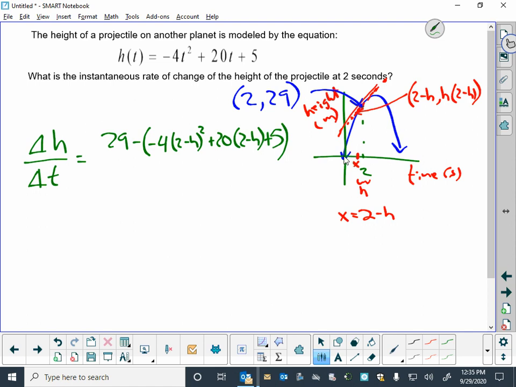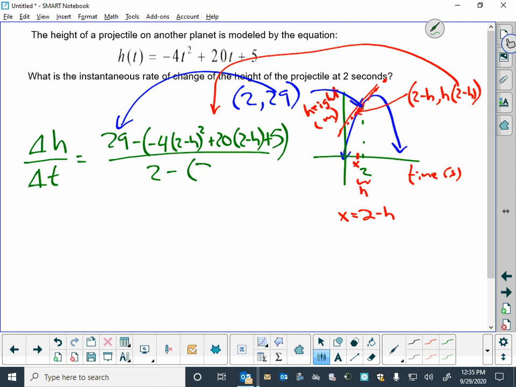Okay, so this is the first height that we had in the blue. So that's this 29, and this other one is the h of 2 minus h. We'll have a little simplifying to do there. Okay, and that's divided by the difference in time, which is 2 minus h.